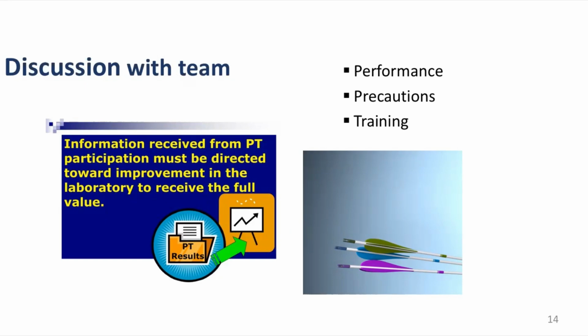And whatever information you are receiving, because when we are analyzing the result, we are analyzing our performance. What is important is that the information you get from the PT provider shall be discussed within the laboratory with the people who are involved in running these samples.